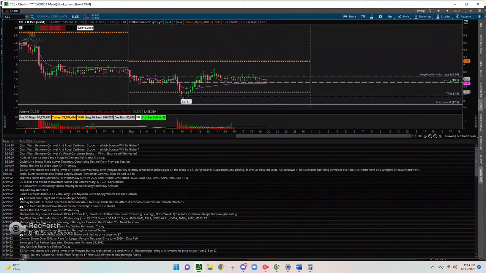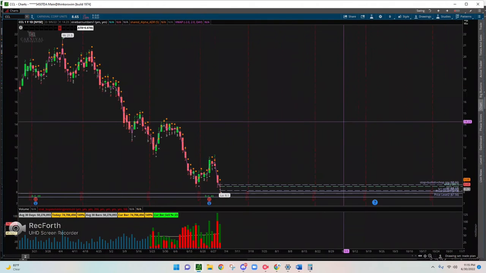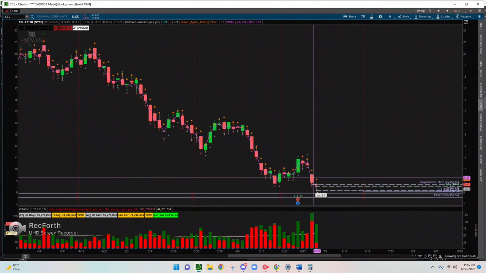Actually, it was a fantastic trade. It was something about a fight and that they're in extreme debt or something like that. I really just like the setup because they're just getting absolutely murdered. Look at that gap down right there.